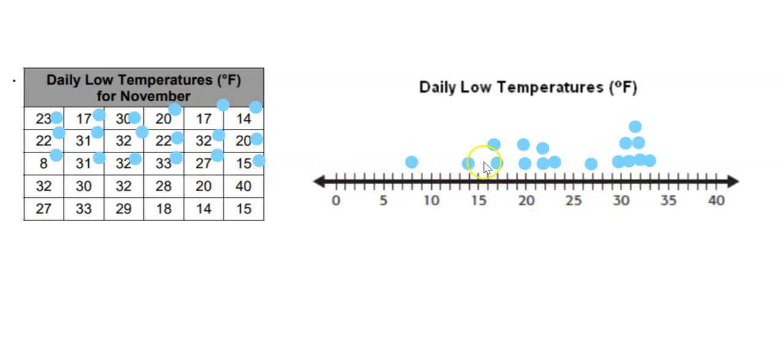a dot on 15, a dot on 32, a dot on 30, a dot on 32, a dot on 28, a dot on 20, a dot on 40, a dot on 27, a dot on 33, 31, 32, 33, a dot on 29, a dot on 18, 15, 16, 17, 18.